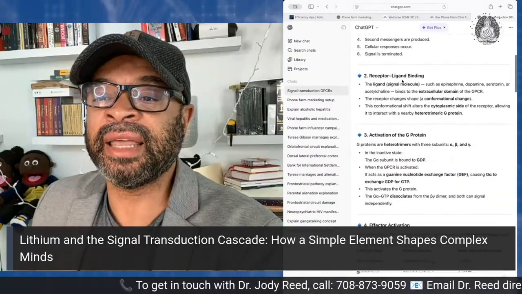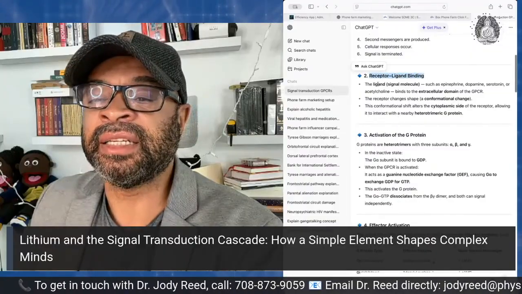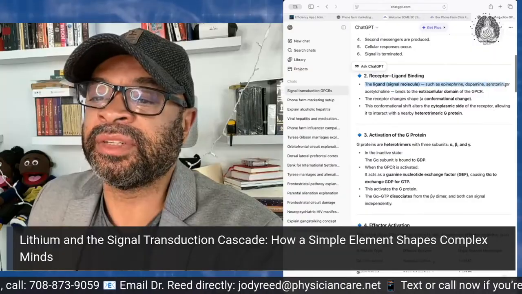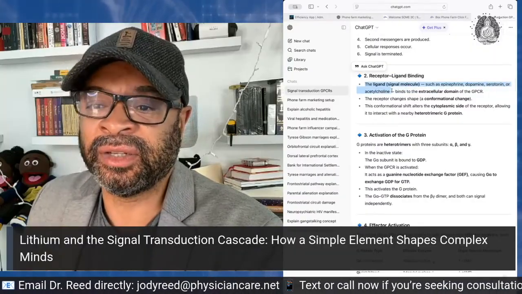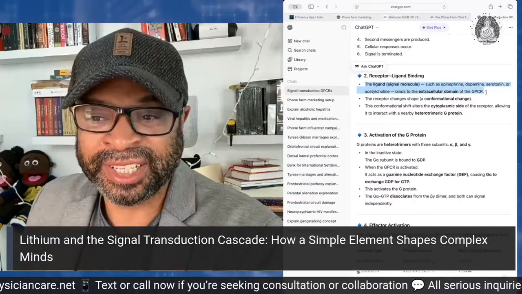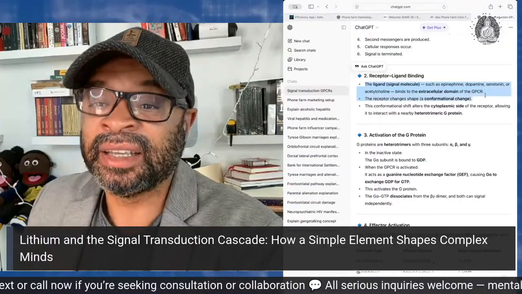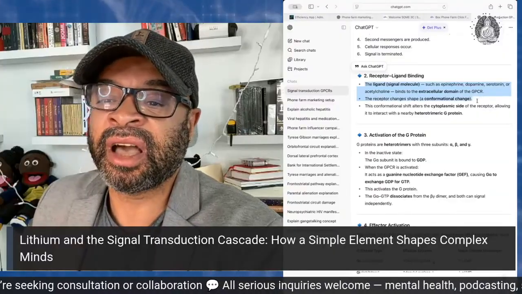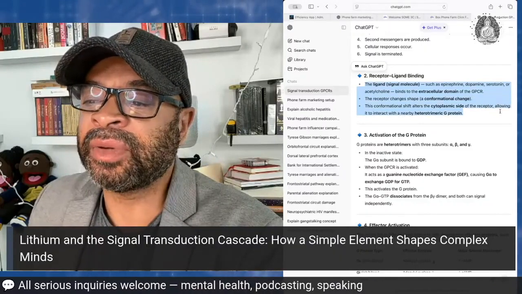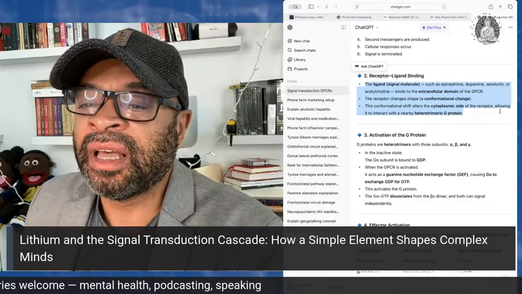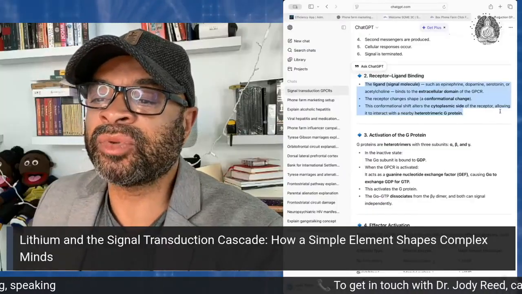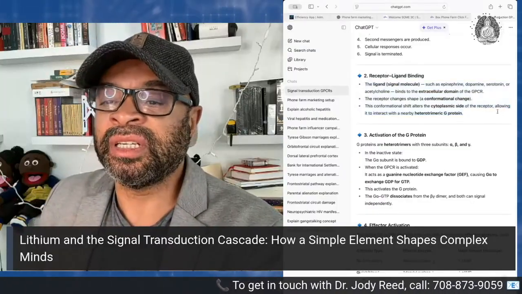Step two, receptor-ligand binding. The ligand signal molecules such as epinephrine, dopamine, serotonin, or acetylcholine bind to the extracellular domain of the G protein coupled receptor. The ligand binds, the receptor changes shape. That means there's a conformational change. The conformational shift alters the cytoplasmic side of the receptor, allowing it to interact with a nearby heteromeric G protein.